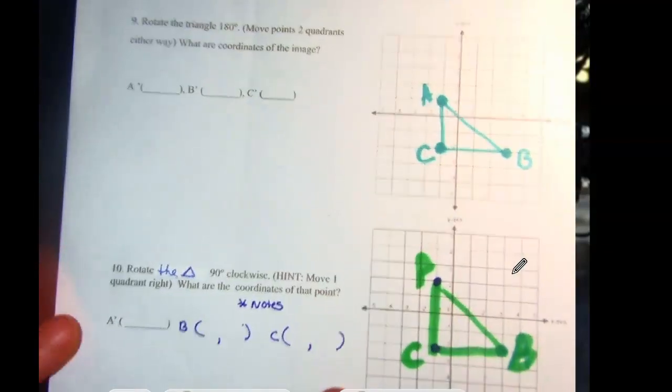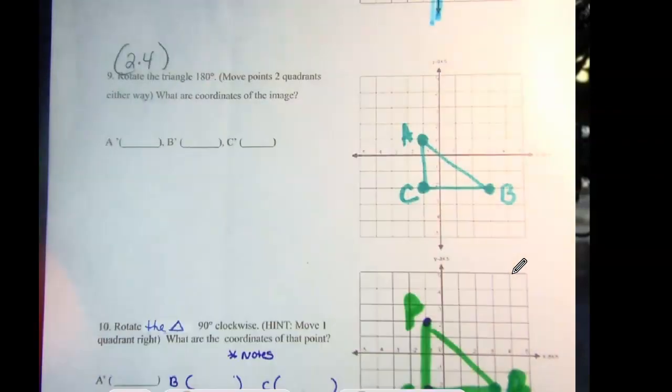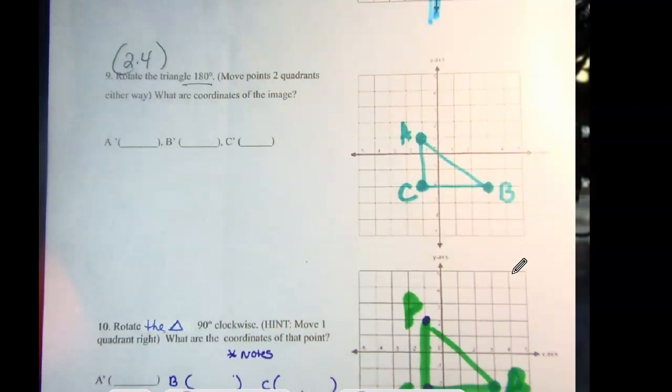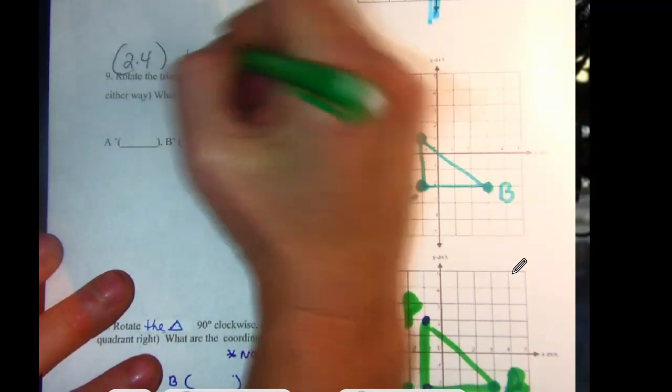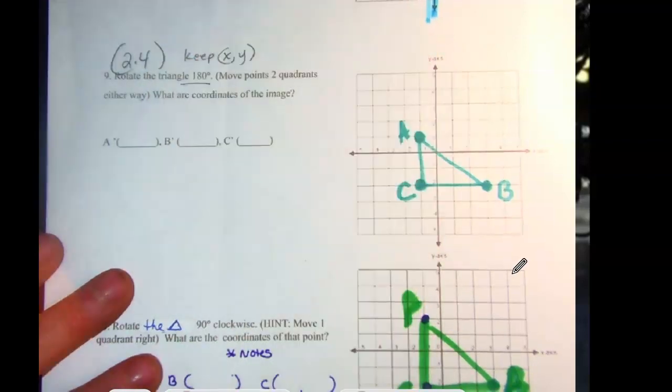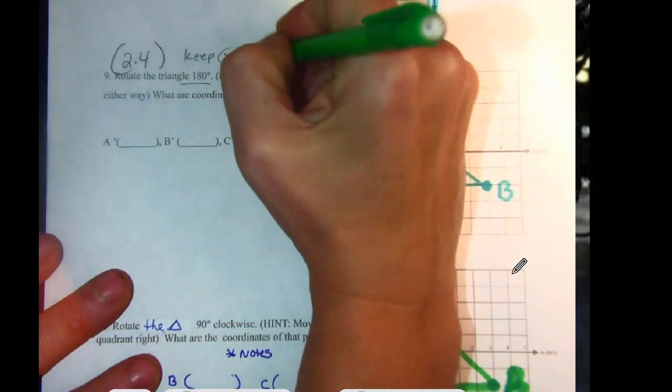So the last two, remember, we're rotating. So this is our rotation note, section 2.4, the last thing we went over in the review video. With the 180, we talked about that's an easier move because with 180, all we do is keep our coordinates in the same spot, but make them opposites.